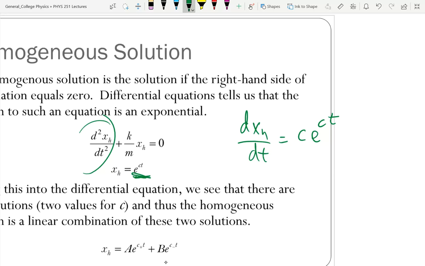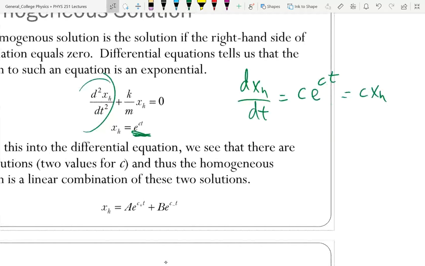In fact, it's kind of fun to write this as c x sub h, because I want to find the second derivative. It's going to be c squared e to the ct, or c squared x sub h.